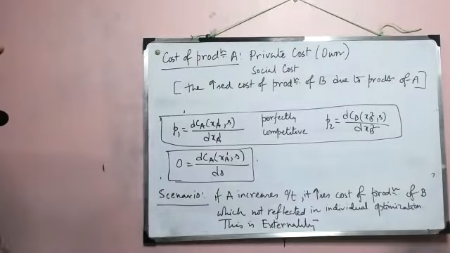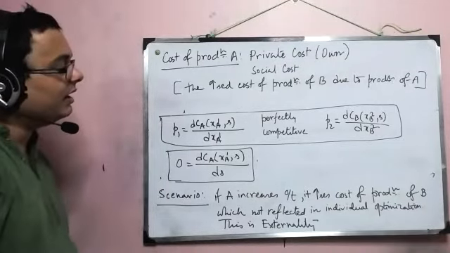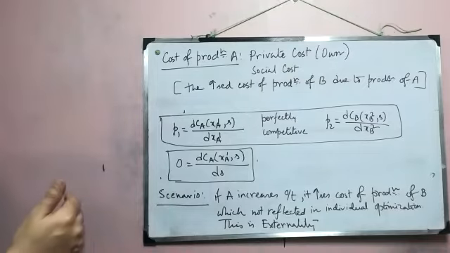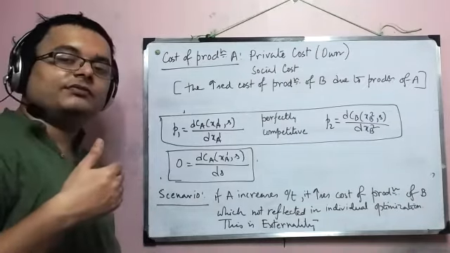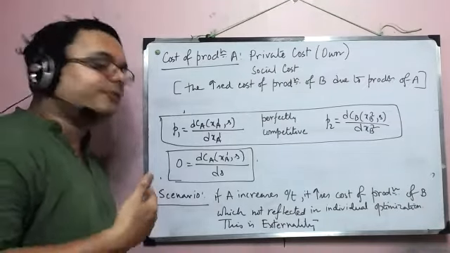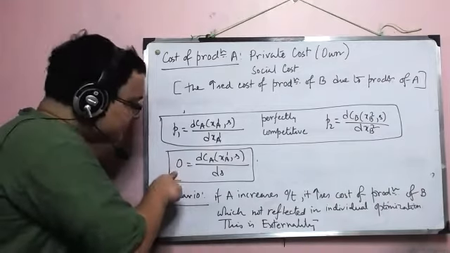Now, here it doesn't include the marginal cost of waste generation, which should be positive; it is not reflected here, it is zero.